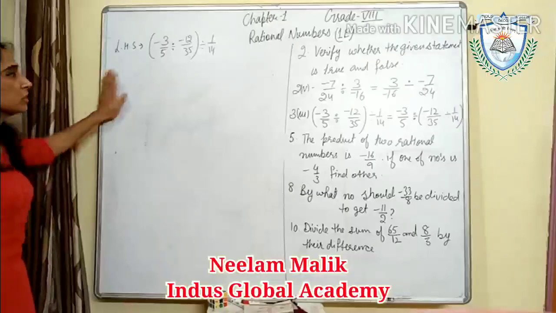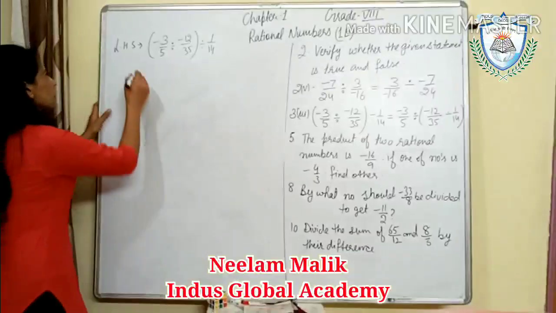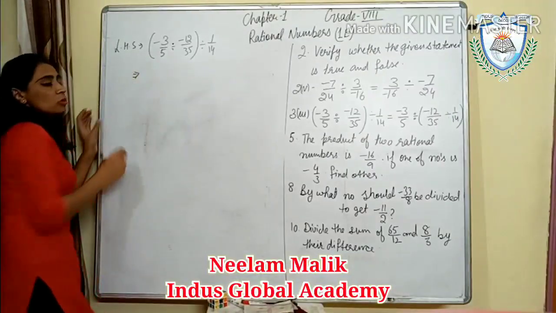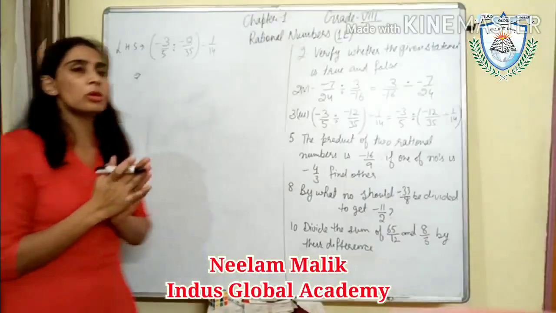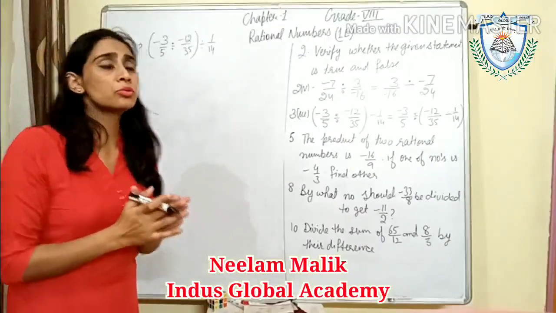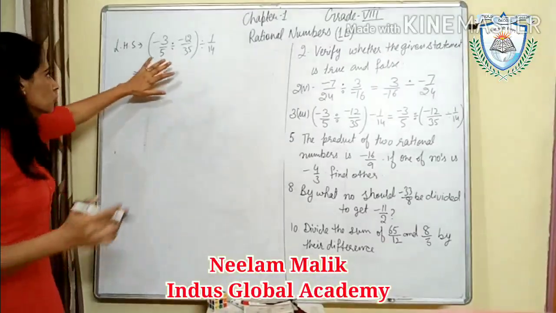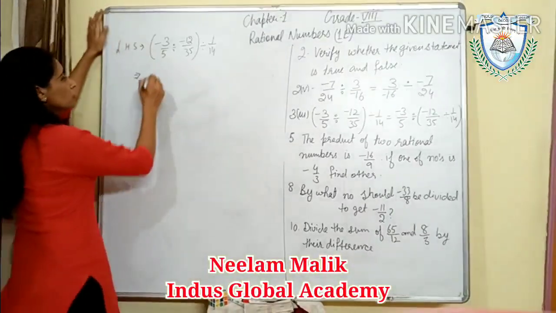First we have to solve this and then we will solve the right hand side. Okay, so I told you, according to BODMAS, first we have to solve the numbers given within brackets. So first we will solve this. How will we solve this?